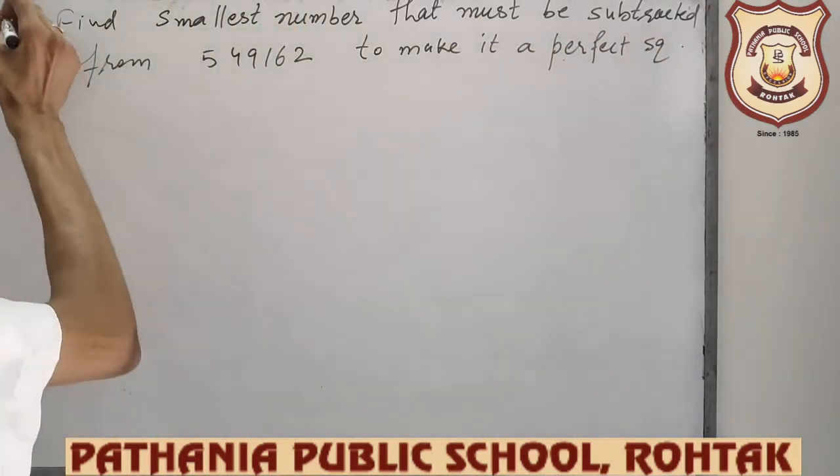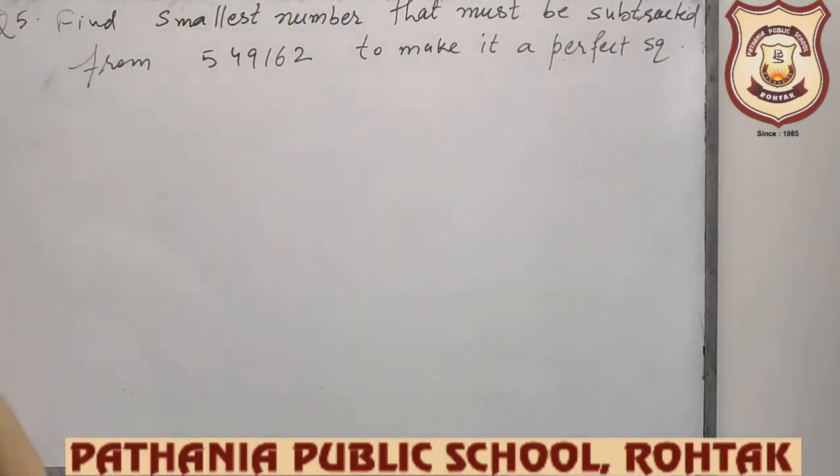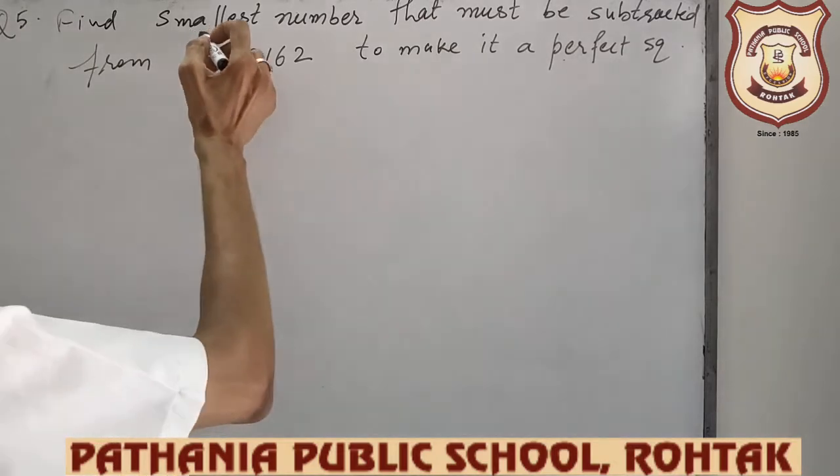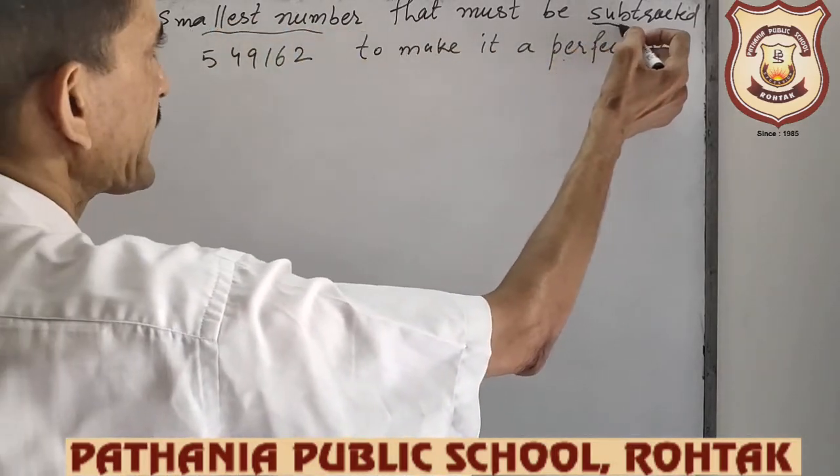This is the question, and it is question number 5. The smallest number that must be subtracted.